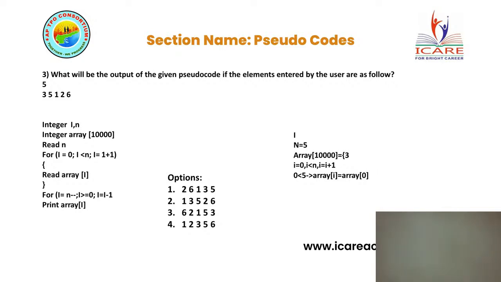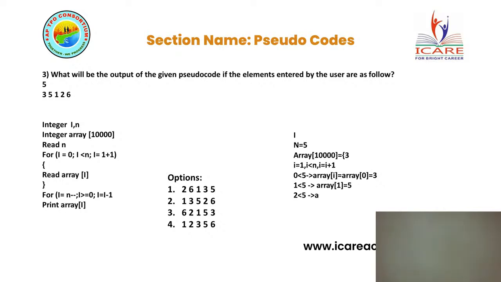So 1 less than 5. i is equal to 0 plus 1, 1. 1 less than 5, the condition is true. Again, array of i means array of 1. We are reading array of 1 as 5 and array of 0 as 3. And again the i value is incrementing, i is equal to i plus 1. 2 less than 5, condition is true.